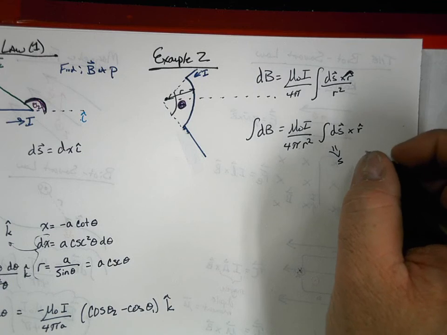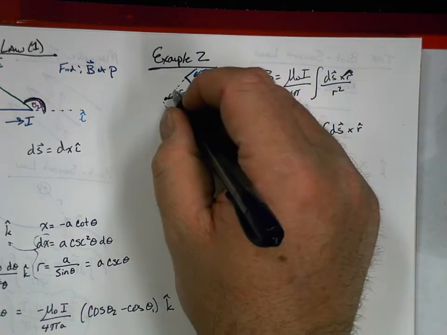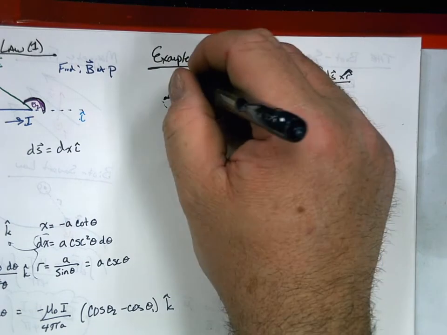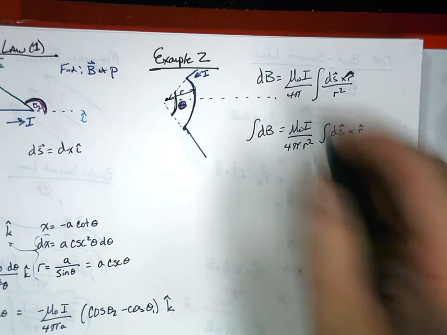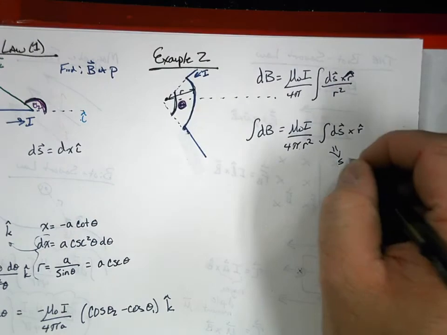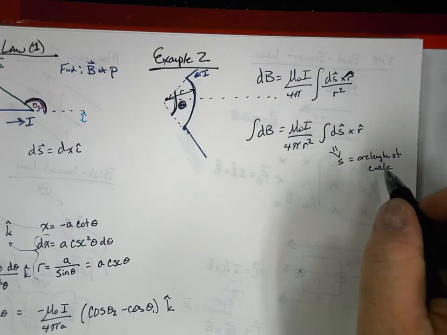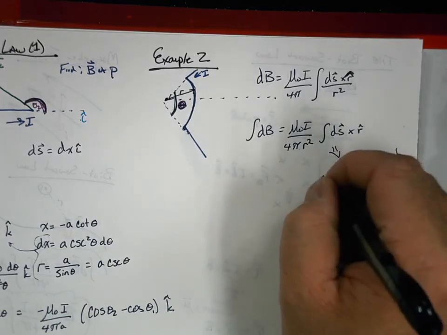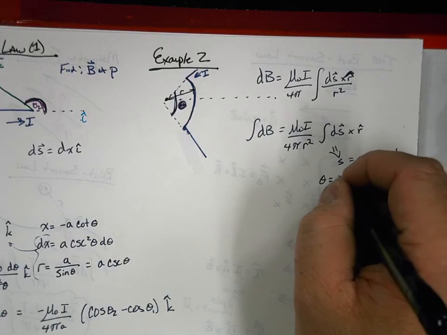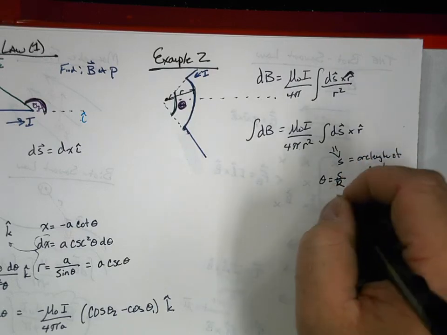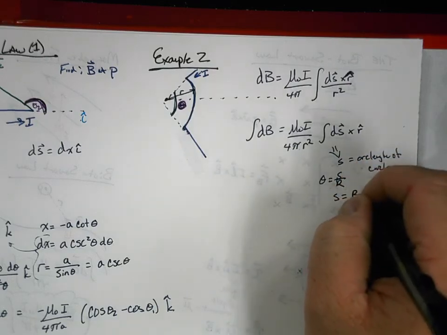Now our theta is equal to our s, which is the arc length of the circle. S is the arc length. And so theta equals s divided by R, if we're thinking in radians, or s equals R theta.